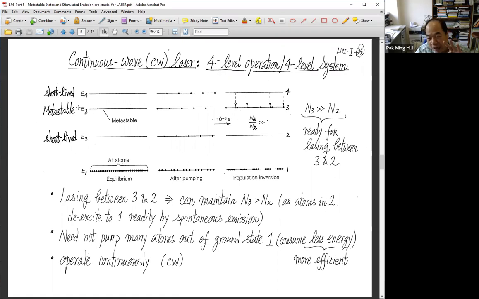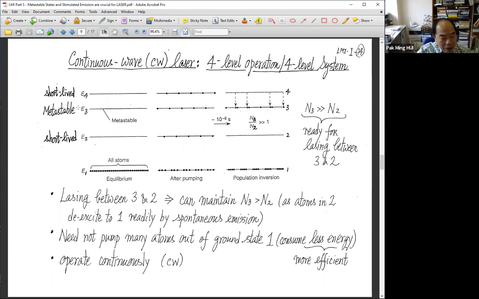If you look at the three-level system, the lower level is usually the ground state, and the ground state, even at equilibrium, is the most populated. Therefore, N1 is always rather big, and that is a problem, because we want the lower one to have a smaller population than the upper one, okay?